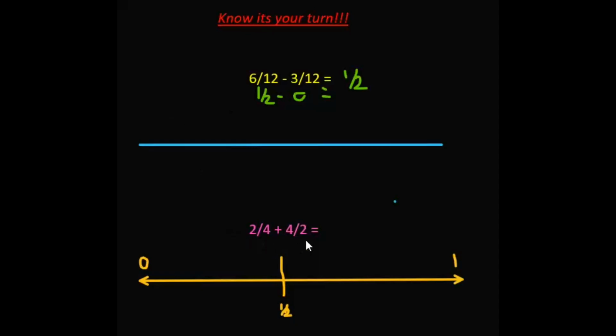Okay, so now let's move on to the next one, and this one needs a number line. So let's do this. 2/4 plus 4 and 2. Okay, so here we don't have a common denominator, but we can see that this is more than 1.